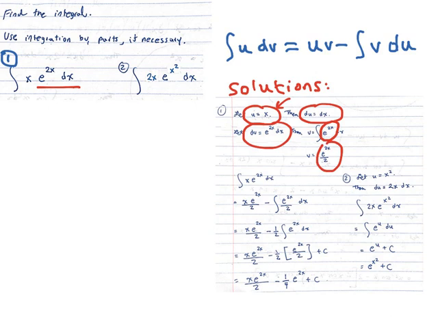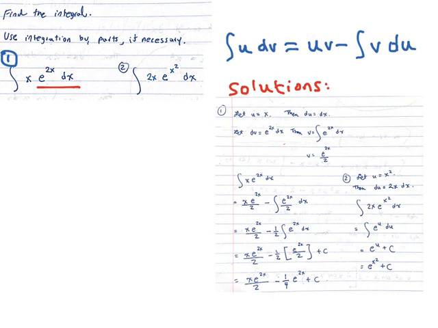You can do this mentally. If you want to verify that this is correct, you can try taking the derivative here using the chain rule, and you'll get e to the 2x. So having done that, we're now ready to apply the integration by parts formula here. And to apply that, this is what we're going to do.